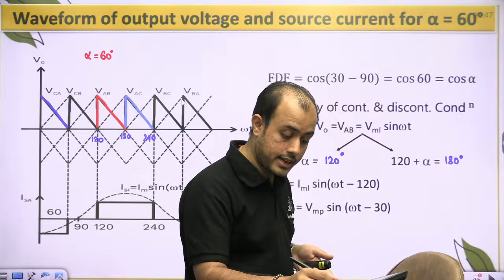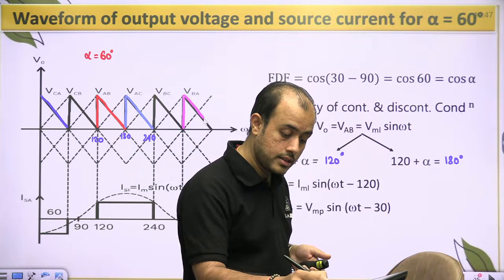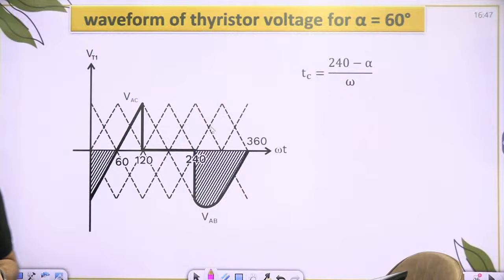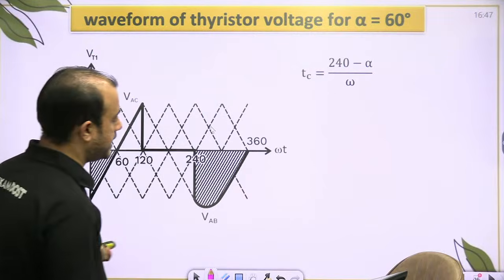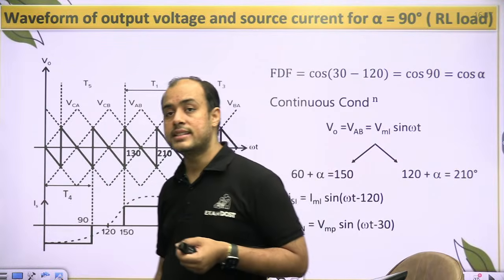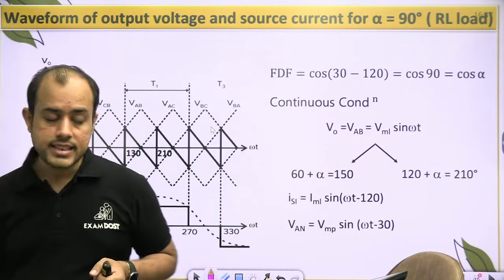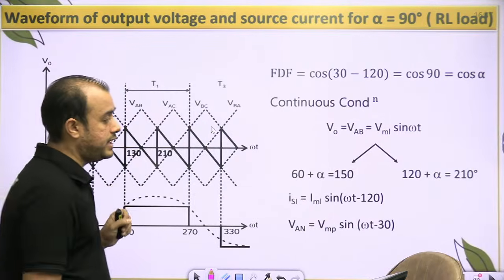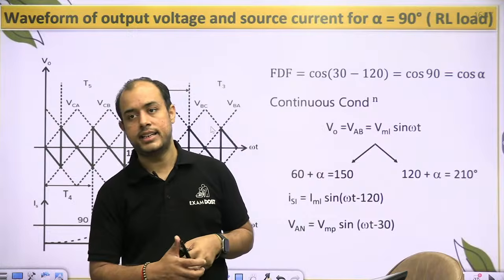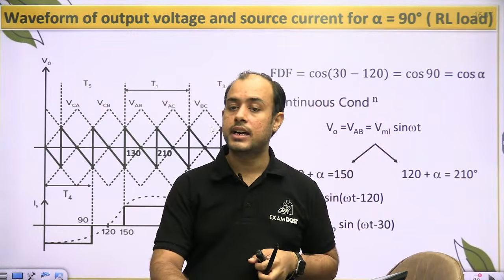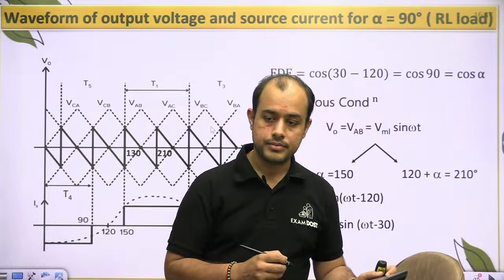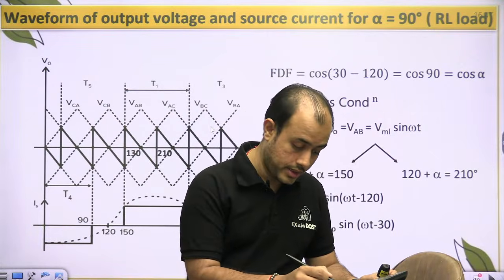Now, the circuit turn off time is again 240 minus alpha by omega. If alpha is 90, then 60 plus alpha will be 150, and 120 plus alpha will be 210 degree. So AB will conduct from 150 to 210.